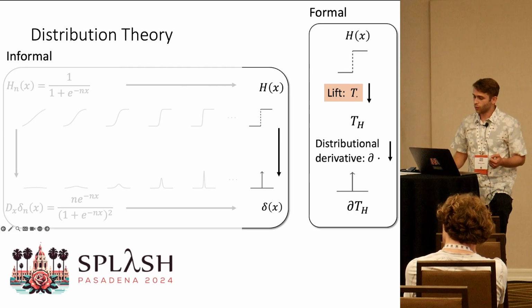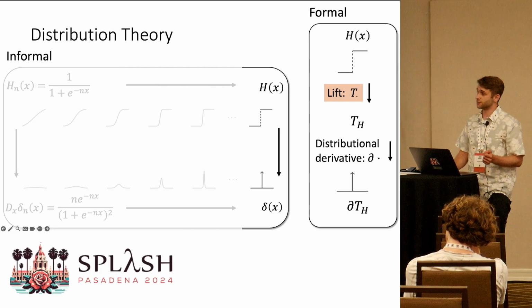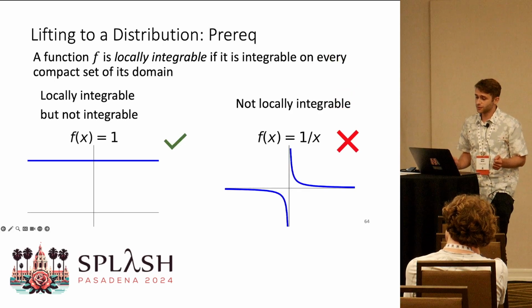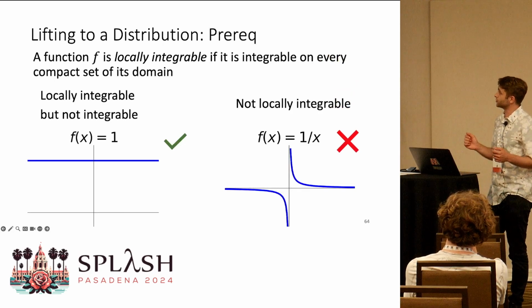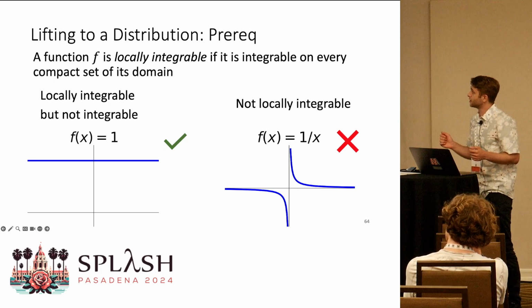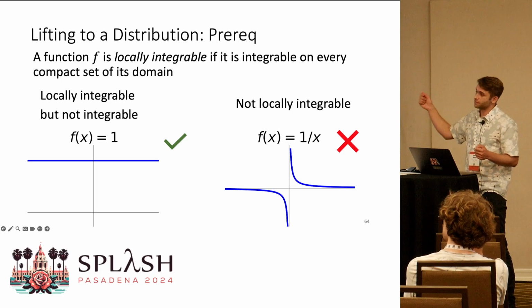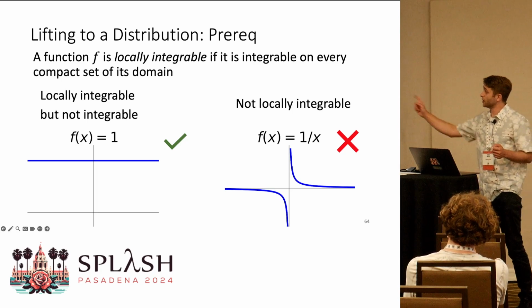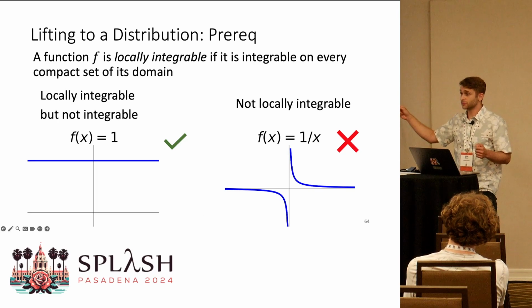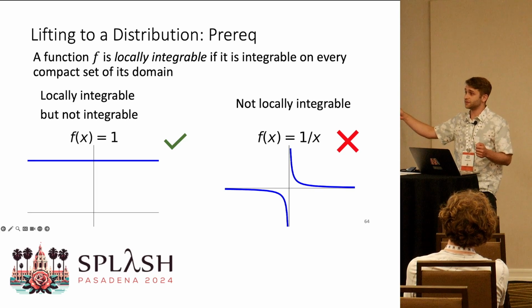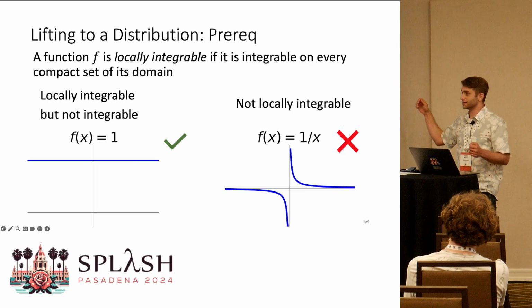So what class of functions can be lifted to a distribution? Well, it's locally integrable functions. And those are functions that are integrable on every compact set in its domain. So the one function is not integrable because the integral from negative to infinity is infinity, right?